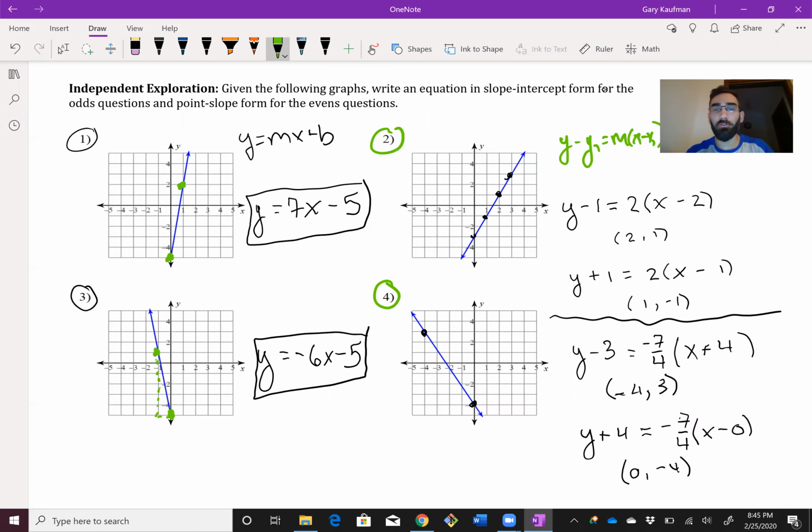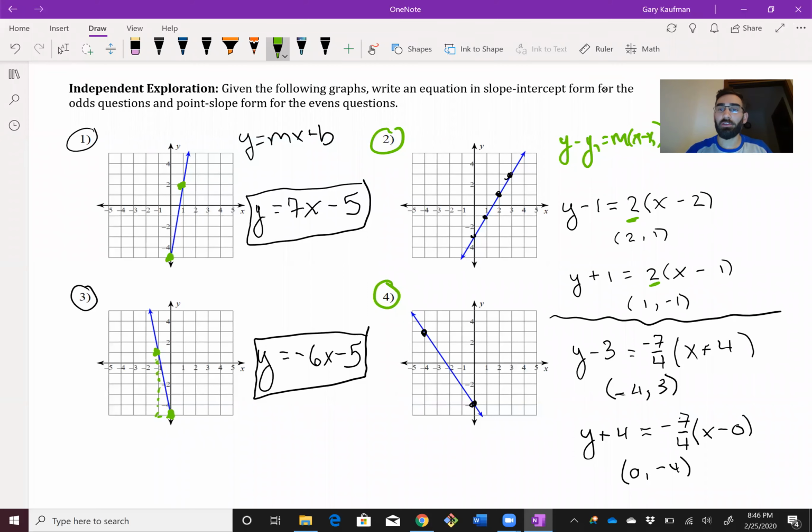Now for 2 and 4, what will always be the same is the slope, but the point you use will give you the same equation. It will just look different, but there are infinite points. So notice that I dotted some of the points in black on questions 2 and 4. Now I counted the slope just from the graph.